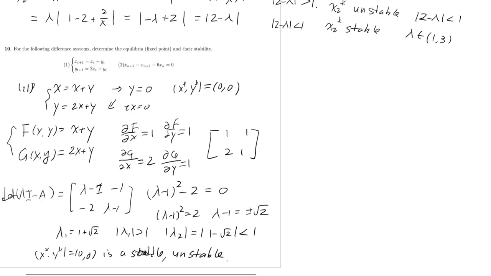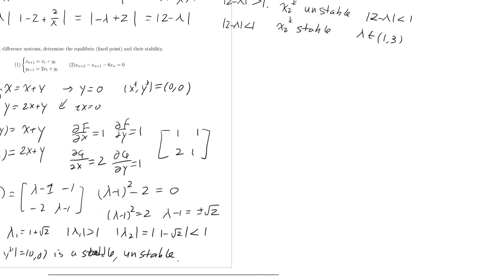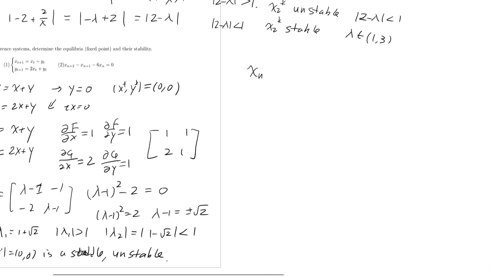Now let's look at the other example. This is usually called a difference equation. We have x(n+2) minus x(n+1) minus 6x(n) equal to 0. It's really a special case of the discrete system. In fact, we can do the following thing.